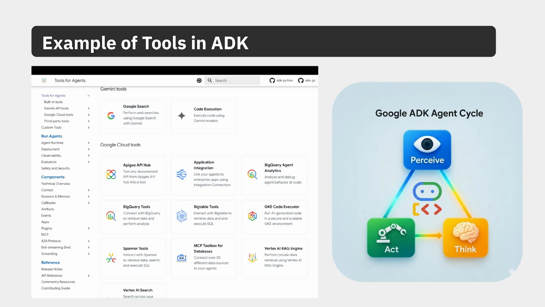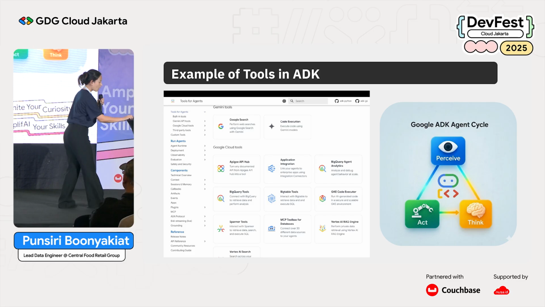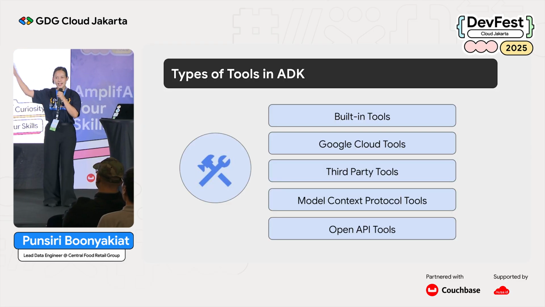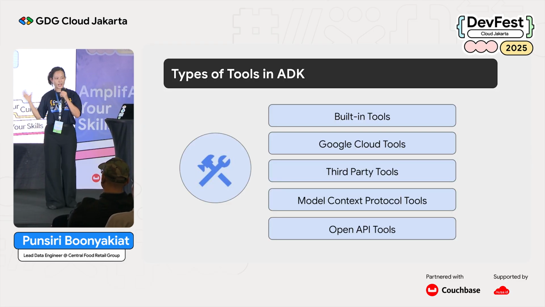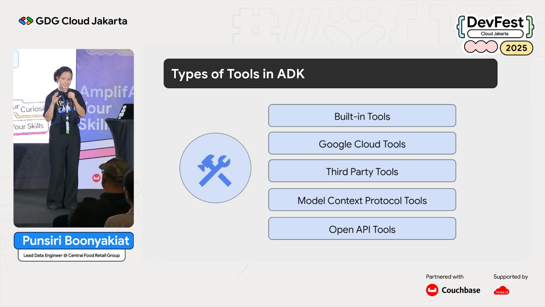For example, if you want your agent to answer questions from BigQuery or Cloud SQL, you can get it because Google has pre-built tools for you. So here is the list of tools that you can connect your AI agent with using Agent Development Kit.